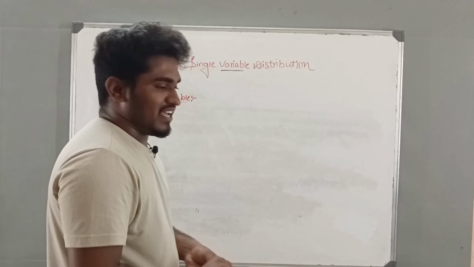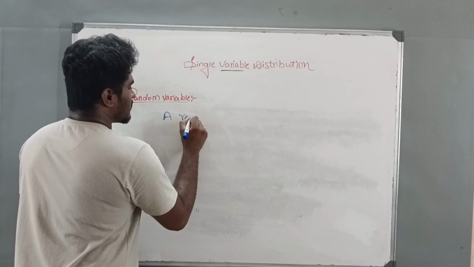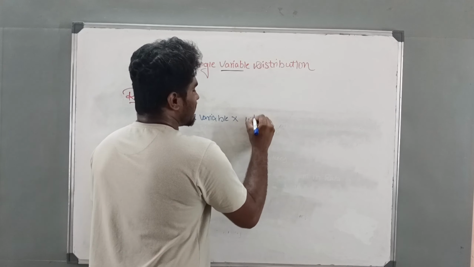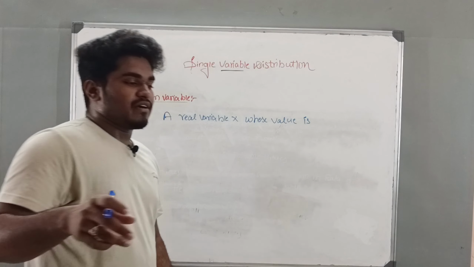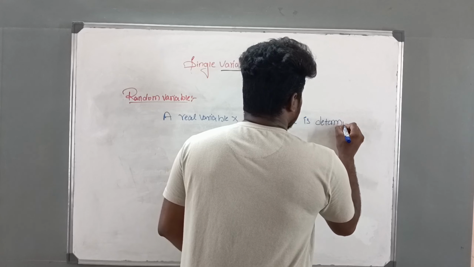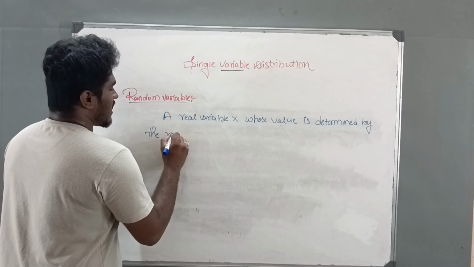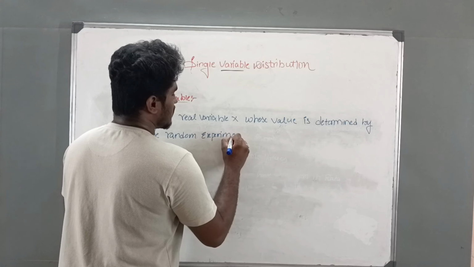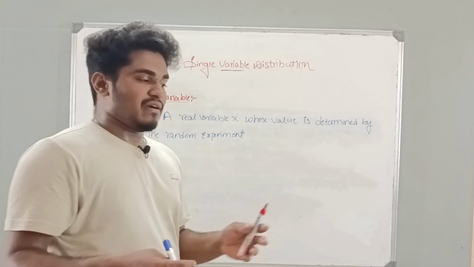So likewise, a random variable is a real variable x whose value is determined by the random experiment. So these random variables are obtained from random experiments.